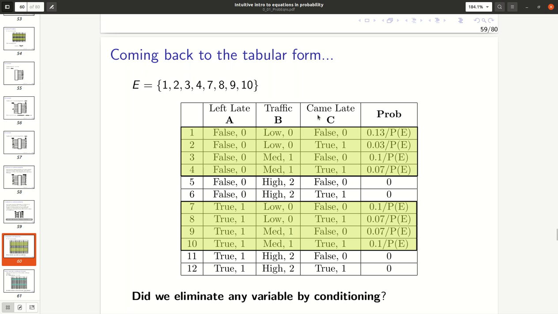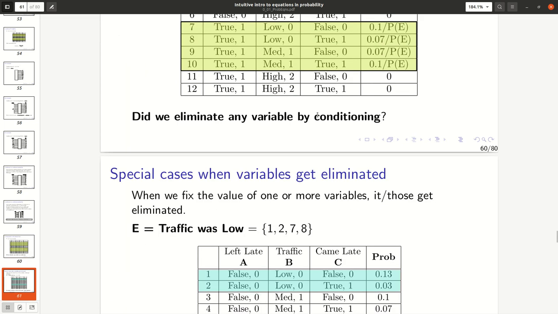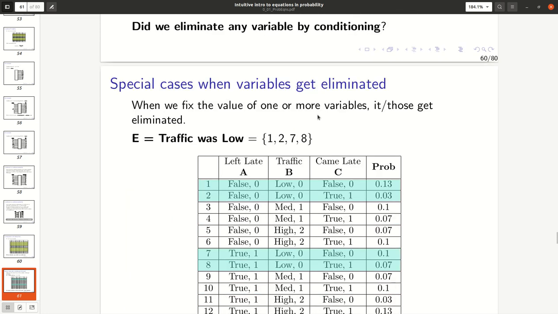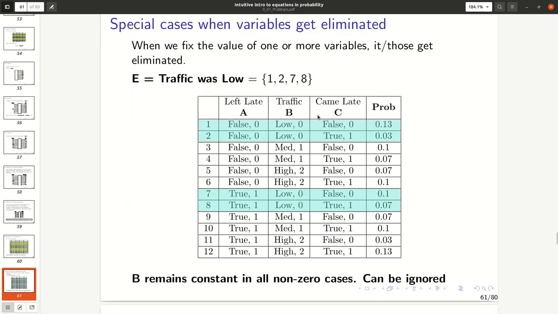But there are special cases which we see often, where during the conditioning we fix a value of one or more variables. Those variables can be eliminated because they remain constant throughout the retained rows.